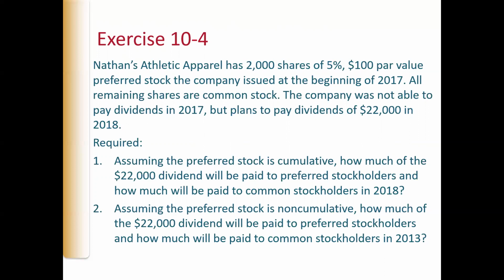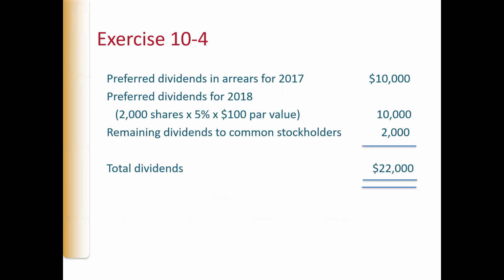The company was not able to pay dividends in 2017, but plans to pay dividends of $22,000 in 2018. Assuming the preferred stock is cumulative, how much of the $22,000 dividend will be paid to preferred stockholders and how much will be paid to common stockholders in 2018?